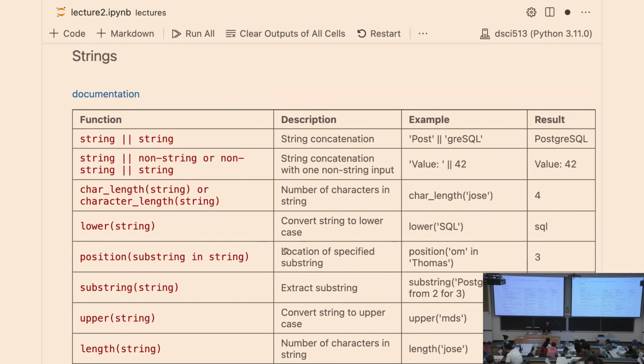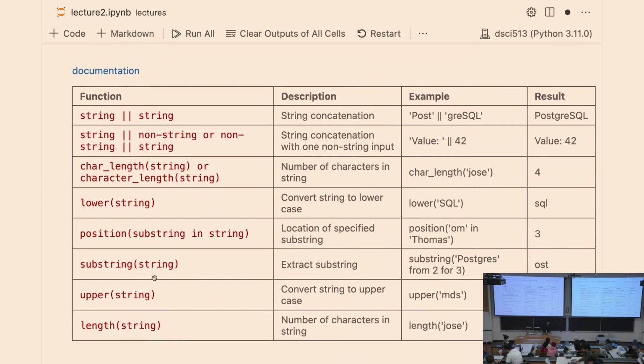And with strings, again, we have a bunch of functions. For example, to take parts of a string using this substring function, making things uppercase, making things lowercase. Not very important, but it's helpful to have that stuff in mind. One very useful thing here is to use this concatenation operator, the double pipe. If you have two strings, it just concatenates them together.